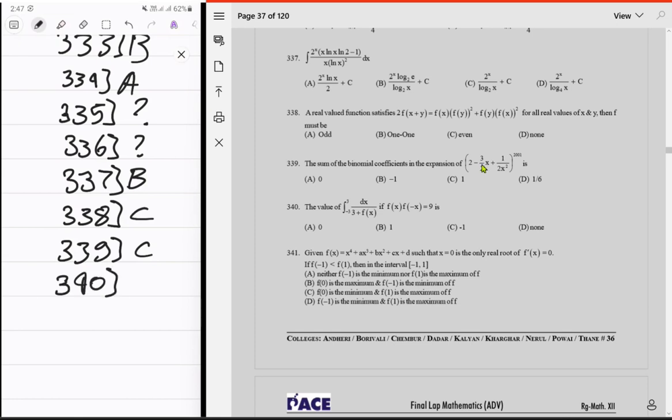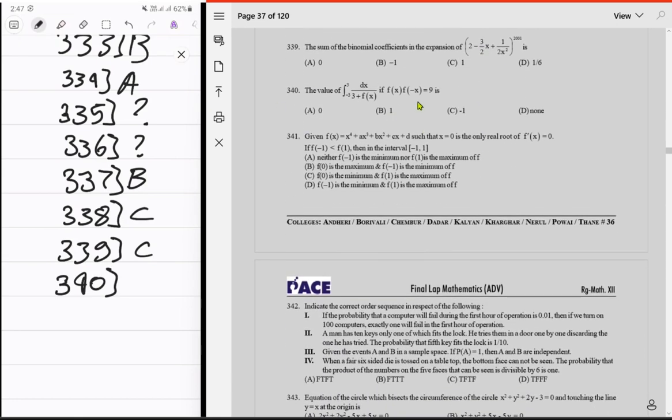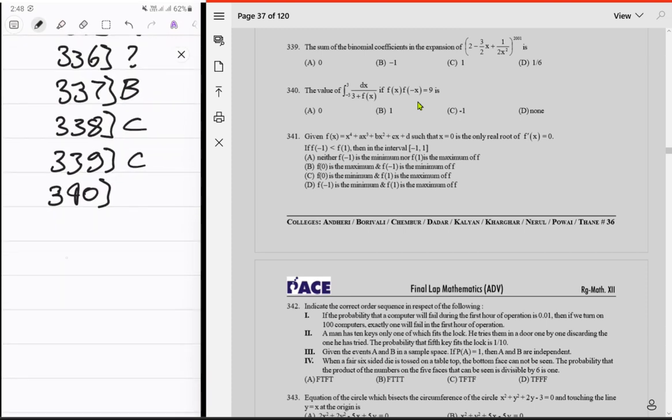340. The value of this, okay, if f of x plus, so what? The value of the integral from negative 3 to 3 of dx upon 3 plus f of x, if f of x times f of negative x equals 9 for all x. You are saying this happens? Unexpected. Right. So basically f of x equals negative 9 upon f of negative x or something like that.